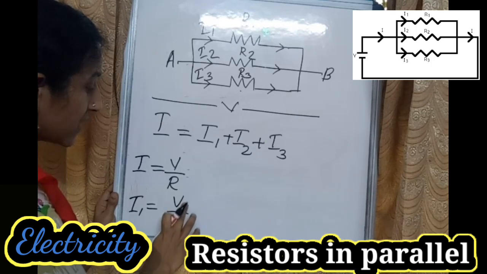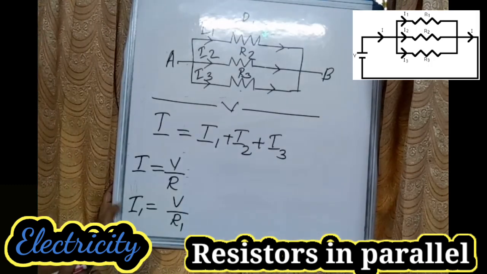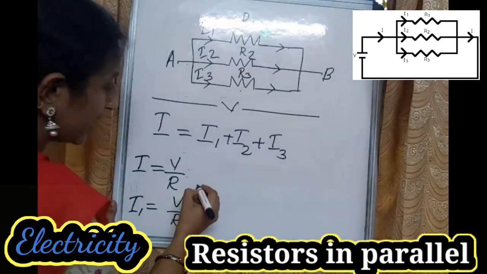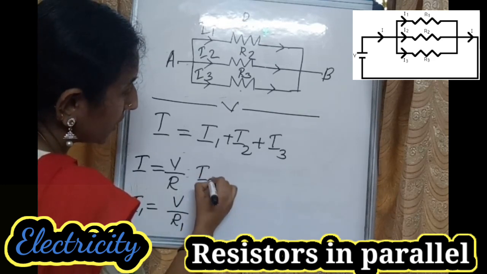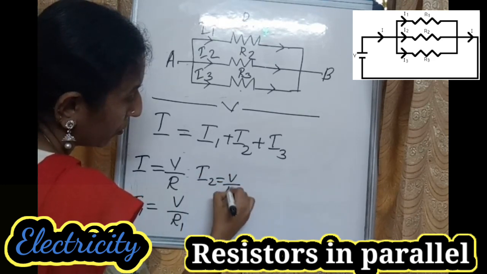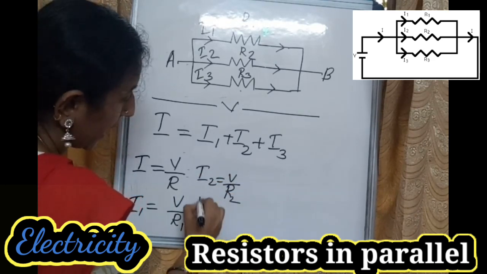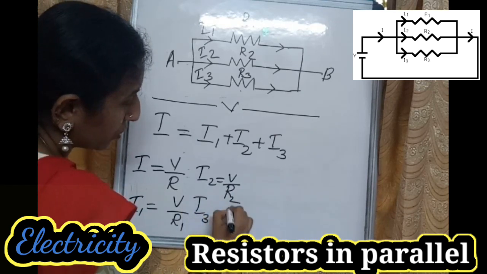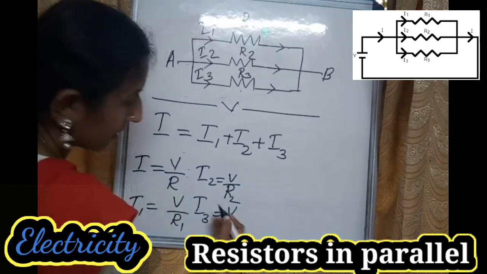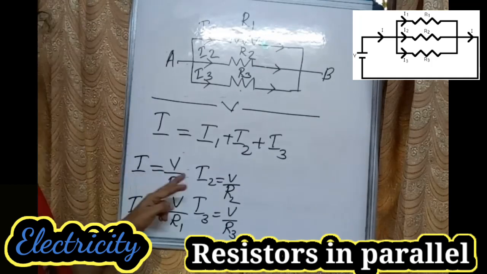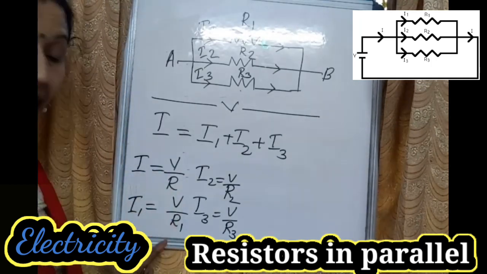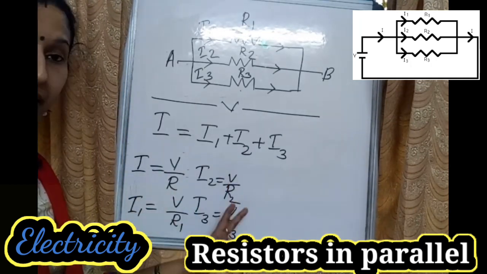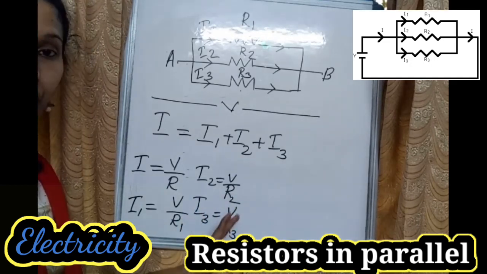Because V is same for all the resistors. So I1 equal to V by R1, I2 equal to V by R2 and I3 equal to V by R3.